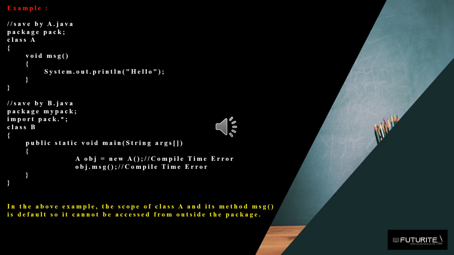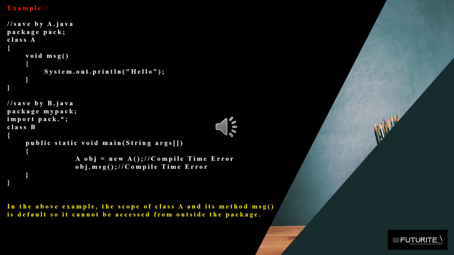Now here you also need to note one point: if you are not specifying any access modifier like public, private or protected, it is considered a default access modifier. In case of default access modifier, the rule is that any member of one package cannot be accessed from outside the package.